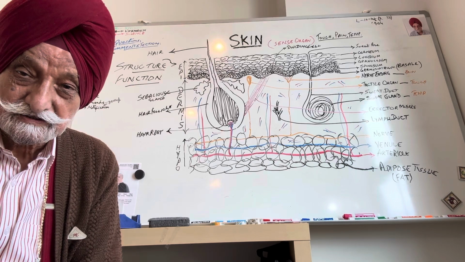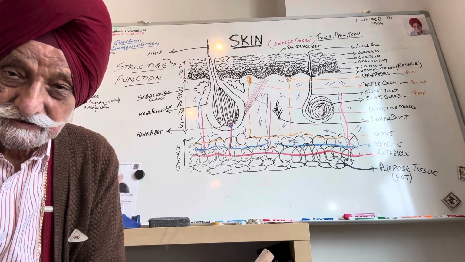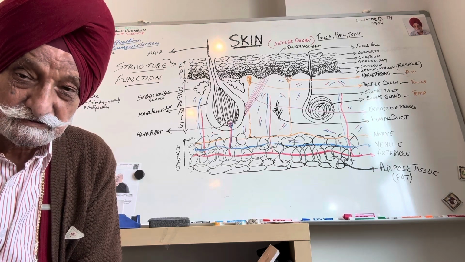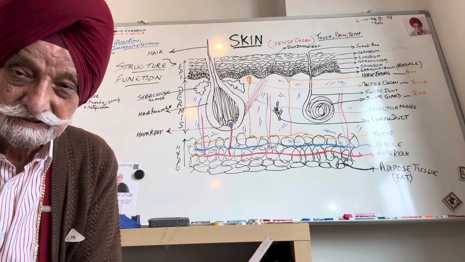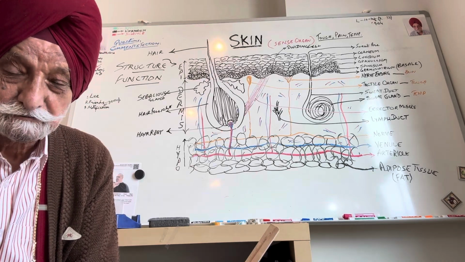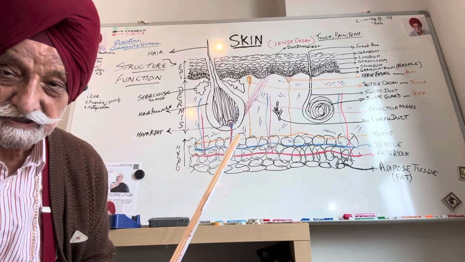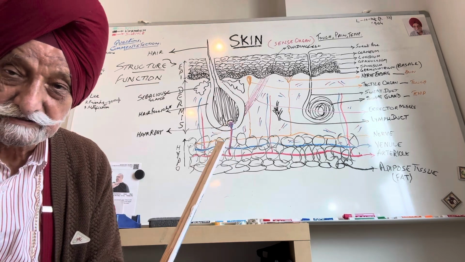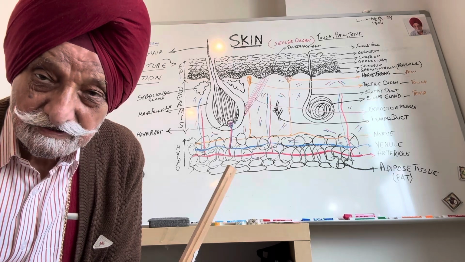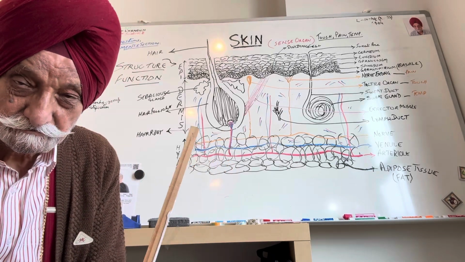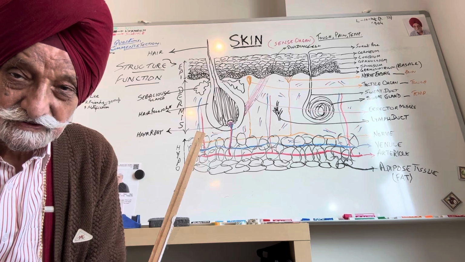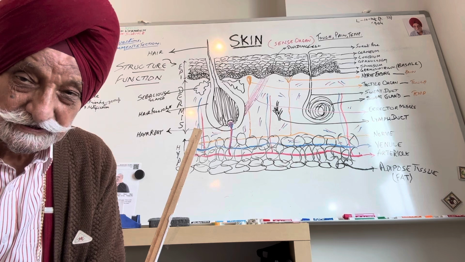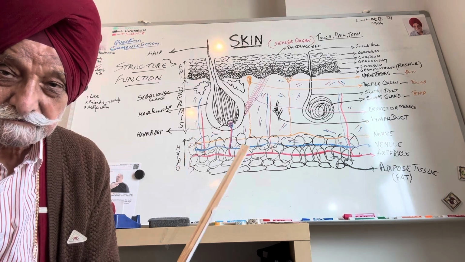Now, regarding the structure of the skin, to look at it we cut a vertical section of the skin and put it under the microscope. What appears on this diagram is a vertical section of the skin under the microscope.